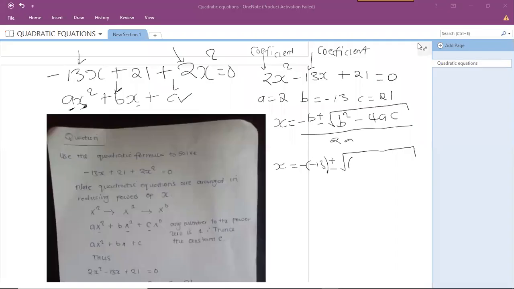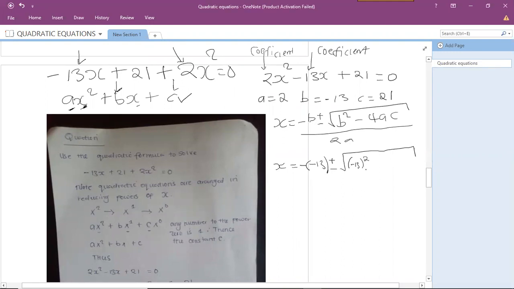Again, I told you you have to use brackets. So where there's b, we put minus 13. Where there is b again, we put minus 13, close brackets, squared, because b squared. So open brackets, minus 13, close brackets, squared.